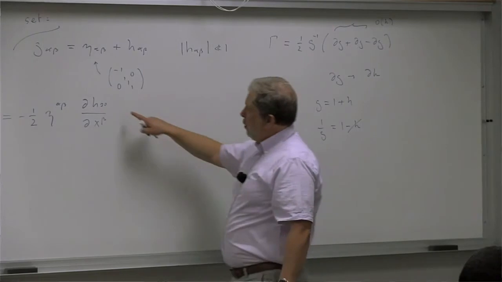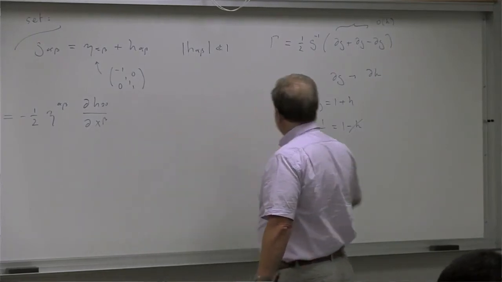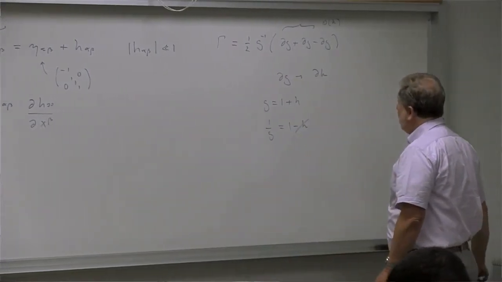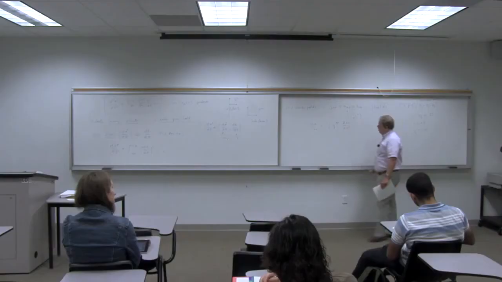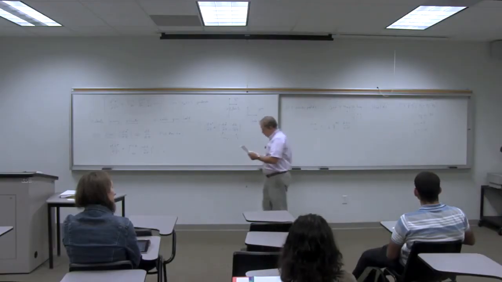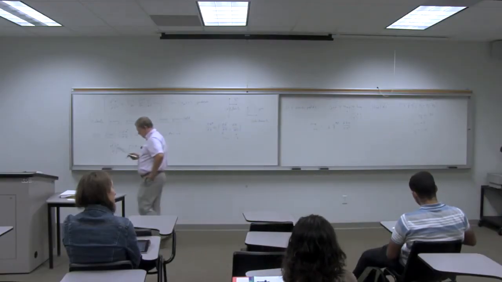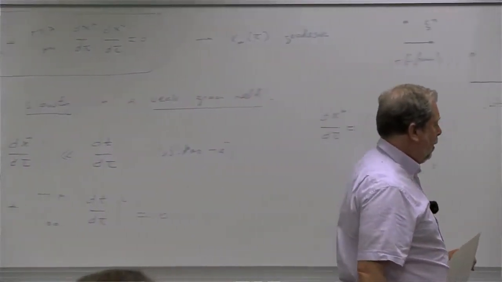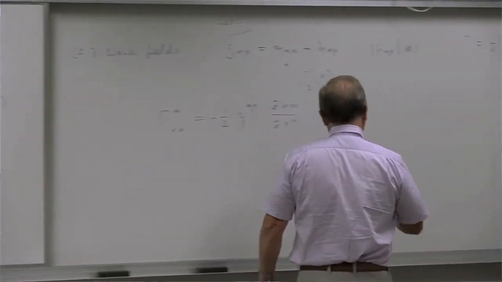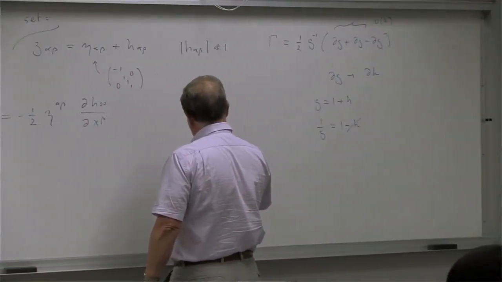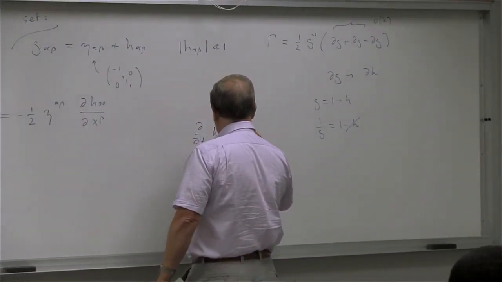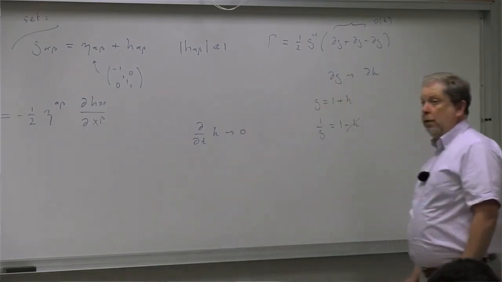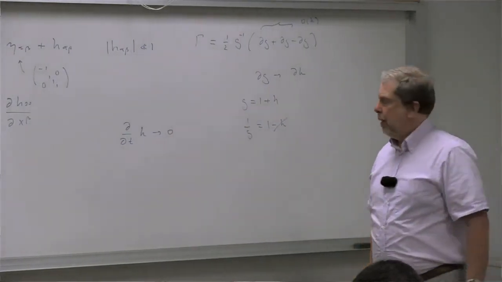All the other terms give 0, because we are assuming also that the field is static, so the time derivatives of the field, the d by dt of h, are all 0. We assume that the field is time independent.